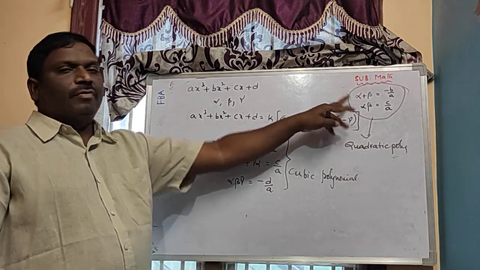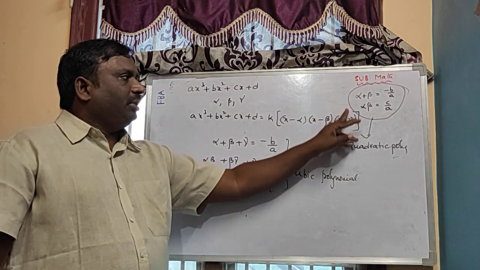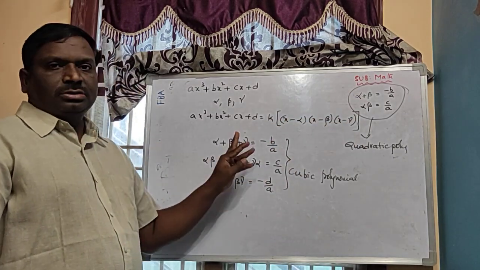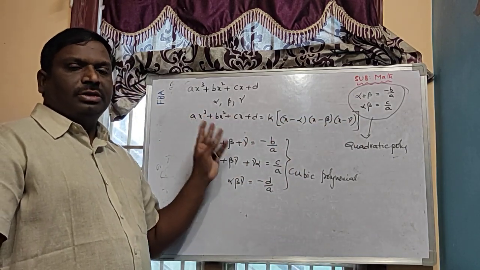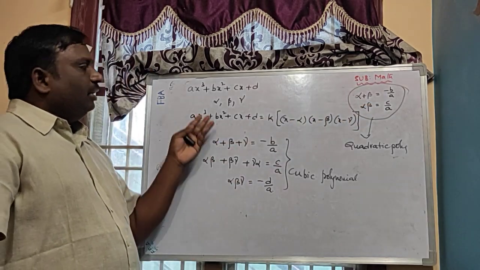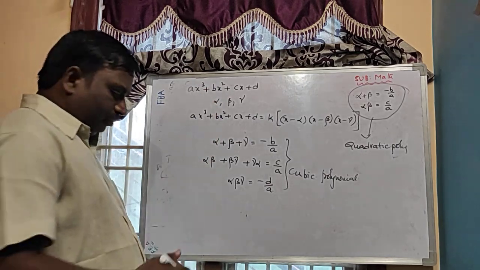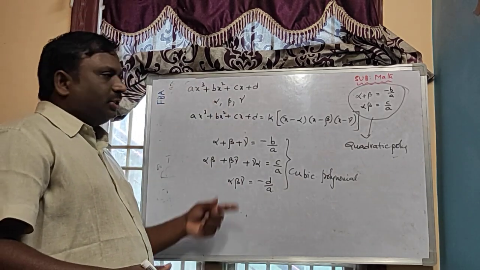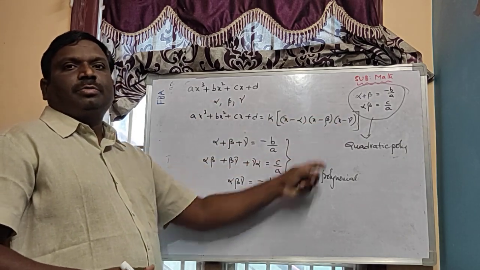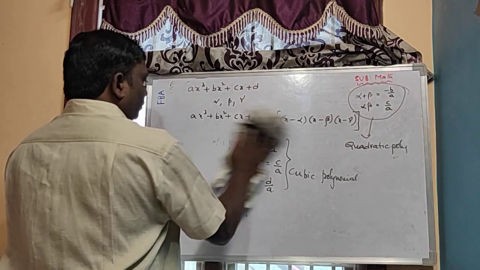These two are very, very important in this exercise. If you remember these formulas, then you can do the solution. Sometimes if you forget the formula minus b by a, c by a, then you can do the simplification. I showed the proof also. Now we'll do some exercise questions based on this relationship between zeros and coefficients.